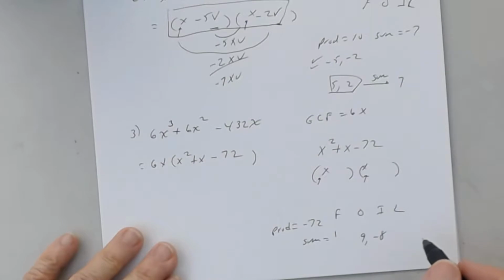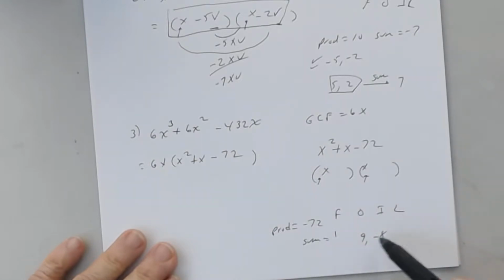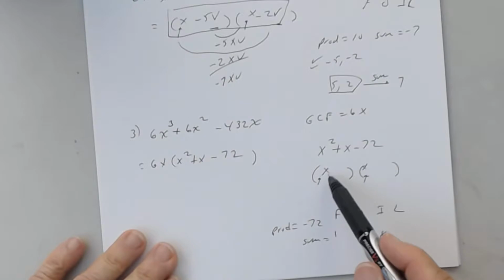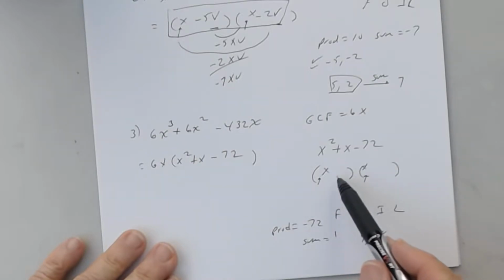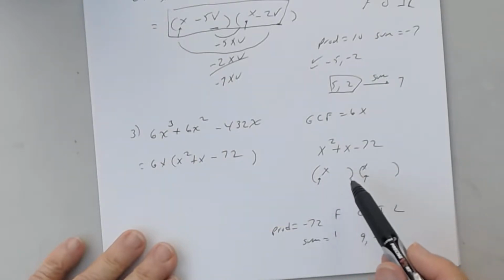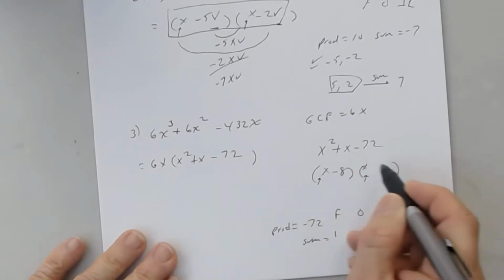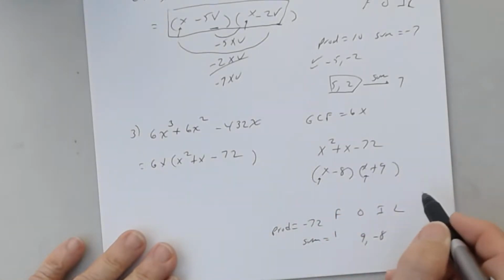Positive 9, negative 8? Is that correct? Yeah. Because 9 plus a negative 8 is a positive 1. And when I multiply them, I get a negative 72. So does it matter if I say x plus 9 first or x minus 8 first? Does not matter. So if you want to say x minus 8 times x plus 9, that's fine.